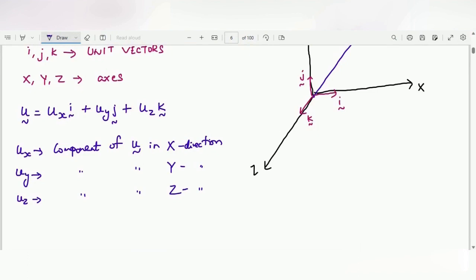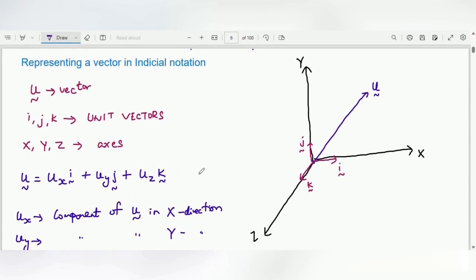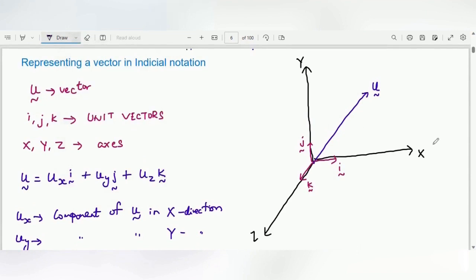Now I'm going to rename or change the notations. Instead of using x, y, and z, I'm going to name the axes as 1, 2, and 3.